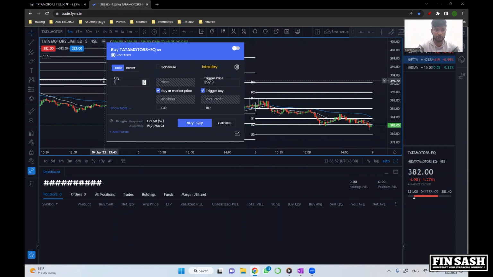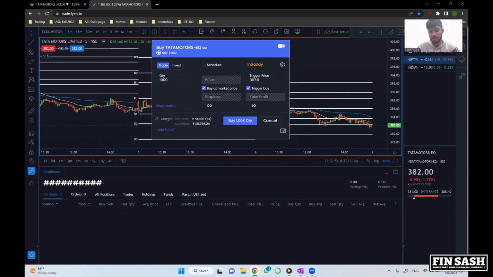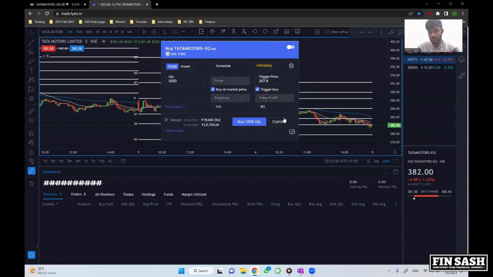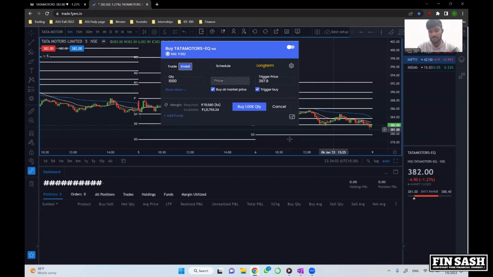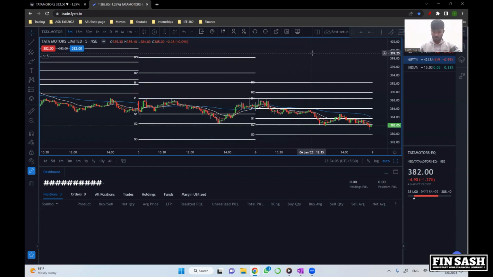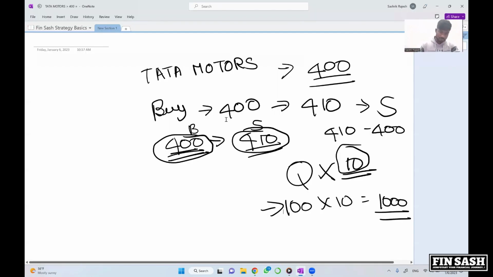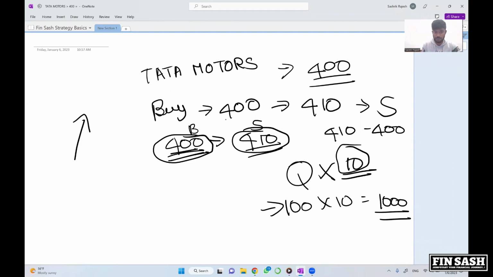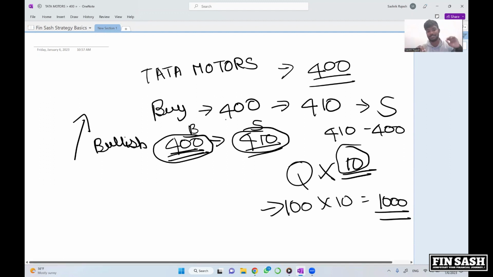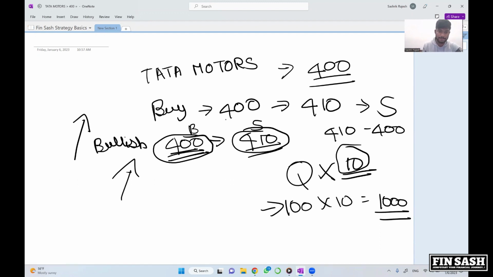So how many, you just put in your quantities, and here the required amount will be shown, and you can just buy it, right? You can either intraday trade it or invest it, right? The next thing. So this is if I think the market's going to go up, or in other words, the market's bullish, right? If someone says the market's bullish, they're using fancy words. It basically means the market's going to go up, right?